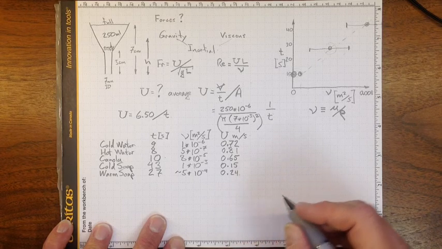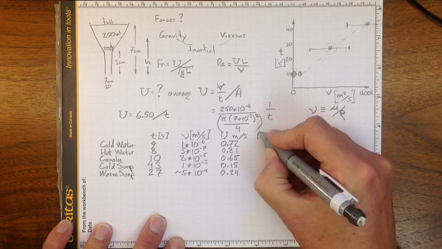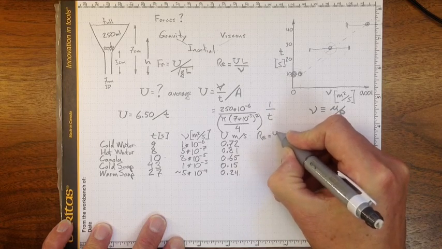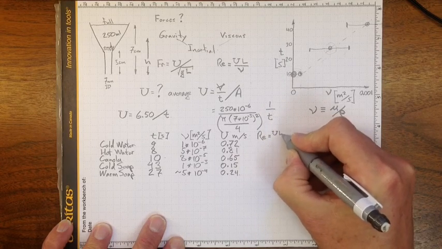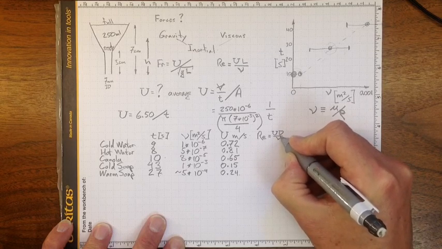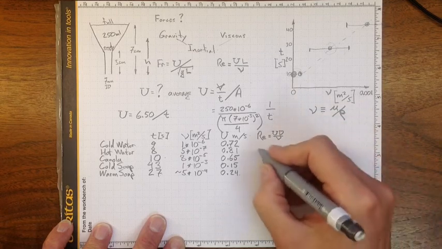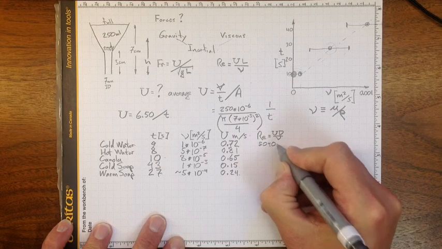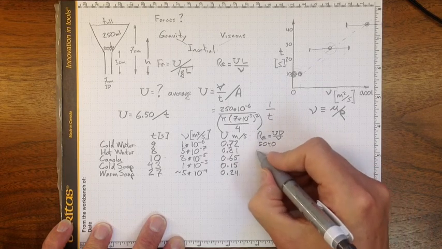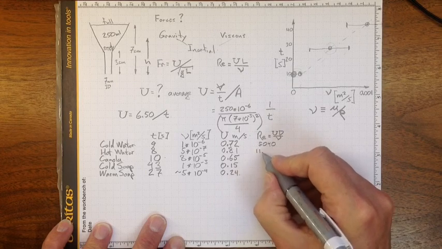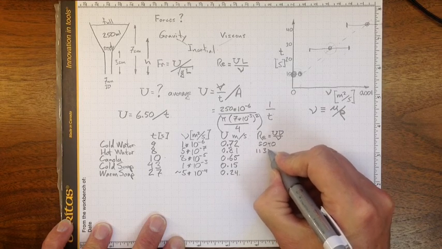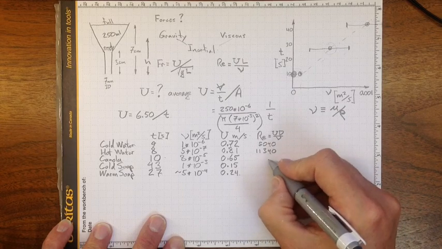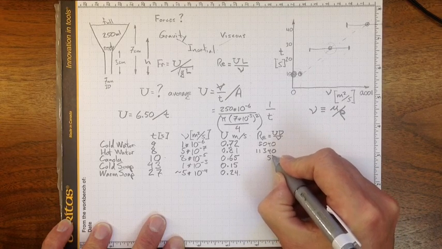How does that turn out in terms of the Reynolds number? If I calculate my Reynolds number, characteristic velocity times diameter divided by kinematic viscosity, for the cold water I get about 5,040. For the warm water, 11,340. For the canola oil, 57.